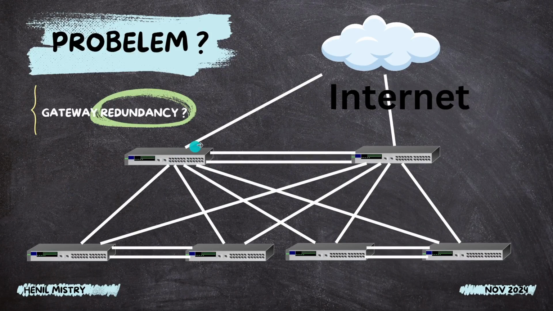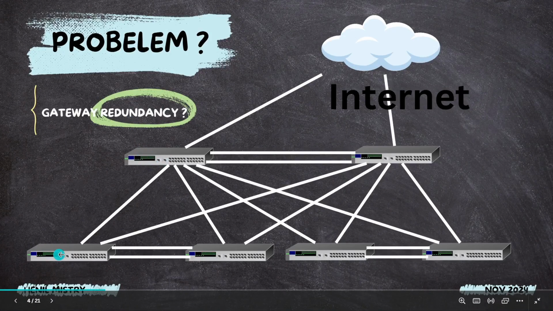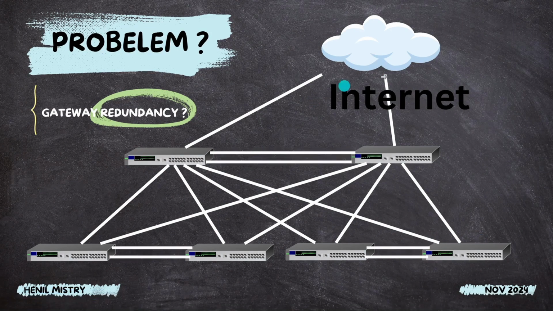Let's say we want to get out of this network and connect to the internet. There will be some IPs configured over here, and hosts connected to these switches may have configured the gateway IP on those devices. Per network there should be at least one gateway IP, so that each network can communicate with any network outside of it.